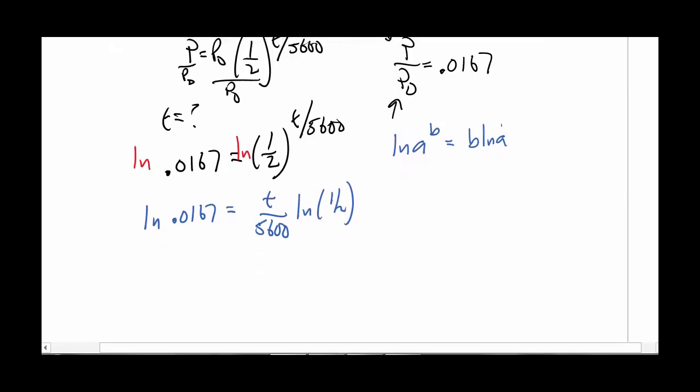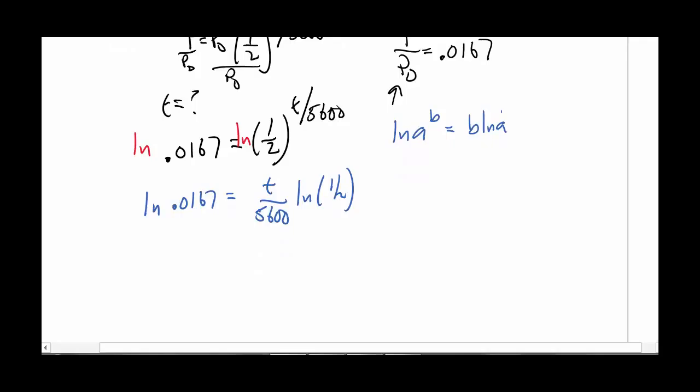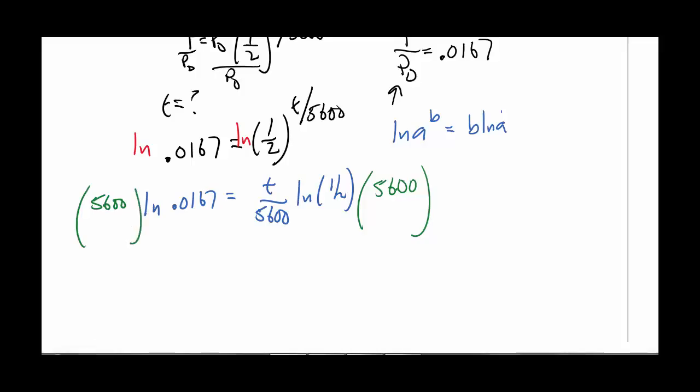Now what? Well, I'm trying to solve for T. Since T is being divided by 5,600, I'm going to multiply by 5,600 on both sides. And since I'm multiplying by the ln of 1/2, I want to divide by the ln of 1/2.